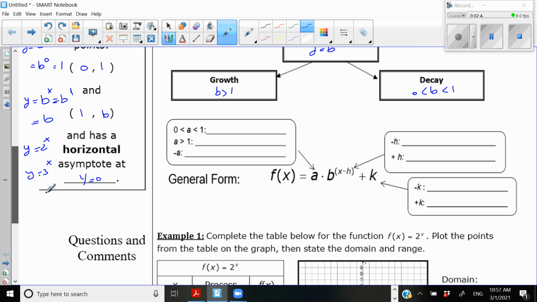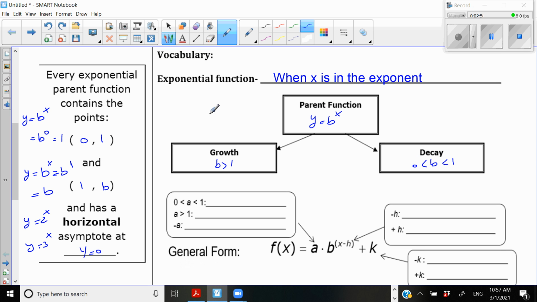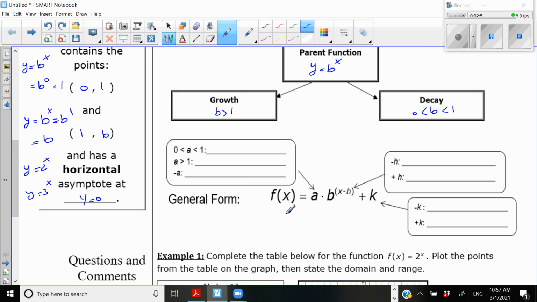Now let's work on transformations. Any exponential function can be transformed, and the general form is going to be like this: a times b to the power of x minus h, plus k. So we know that the parent function is b to the power of x. If you multiply the function by a number like a outside of the function, then you're going to have a vertical stretch or shrink. That depends on the value of a.